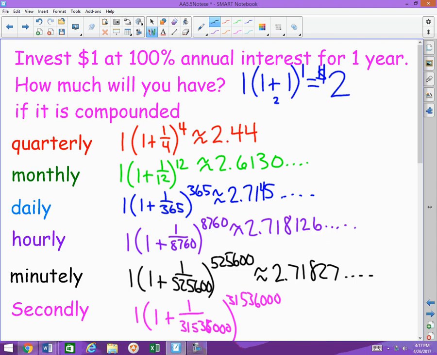And for secondly, did I just say secondly? I meant minutely for that last one if I didn't. Anyway, for secondly, it would be 2.71828182816, and so on and so forth.